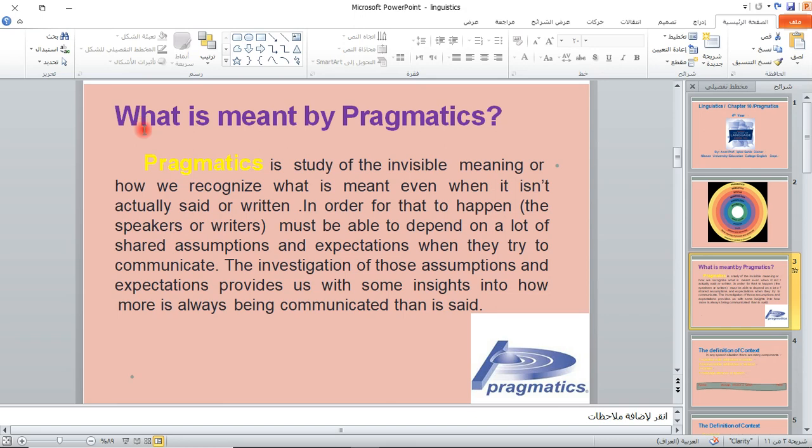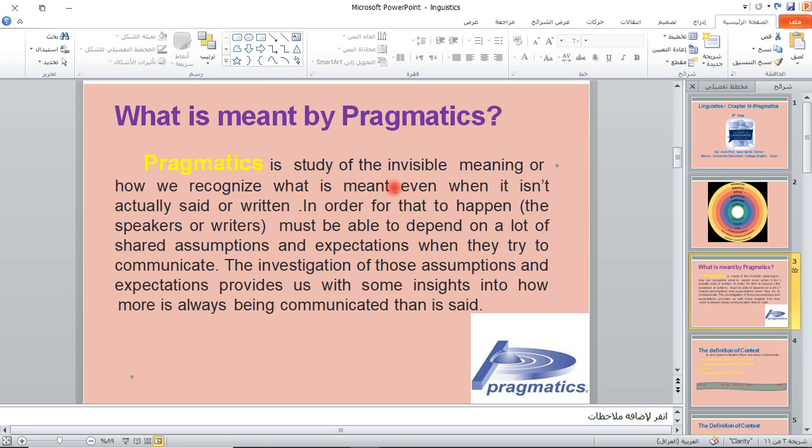The question: what is meant by pragmatics? Pragmatics is the study of invisible meaning, hidden meaning, or how we recognize what is meant even when it is not actually said or written.